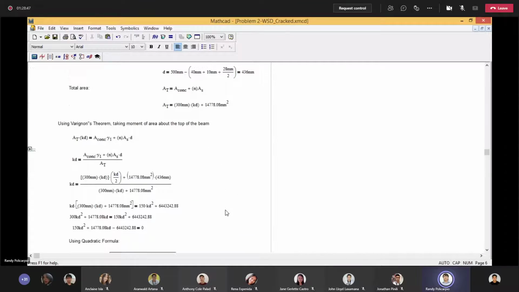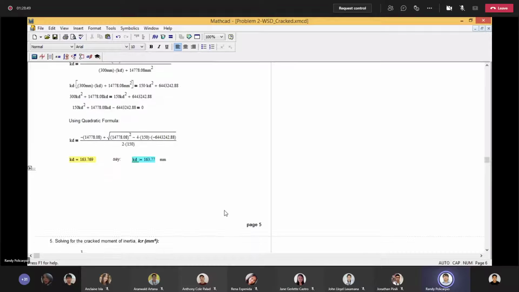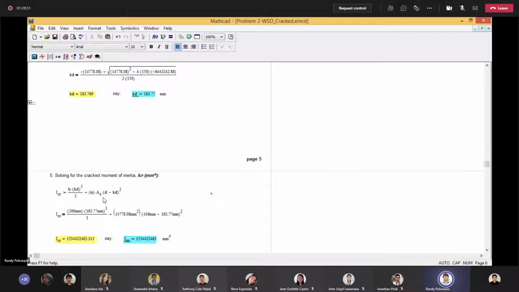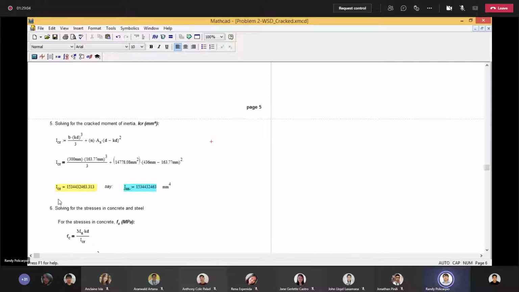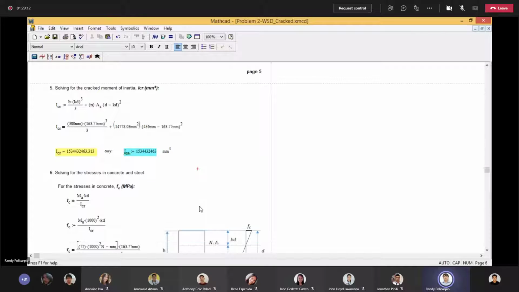So this is now area multiplied by D square. Ito yung pinaka-D natin, D square. So substituting the known values, the result is this one. So ICR.